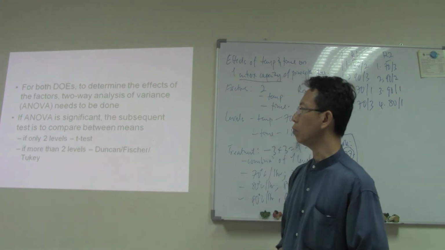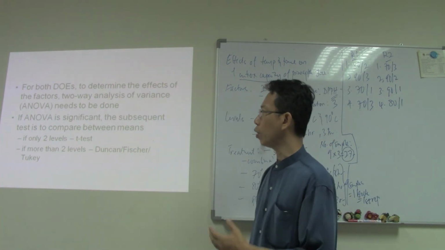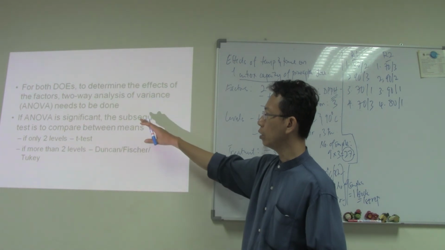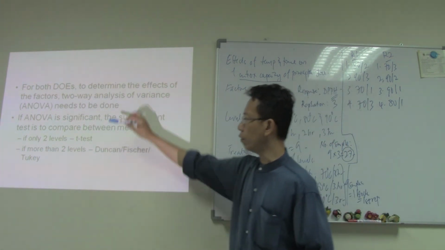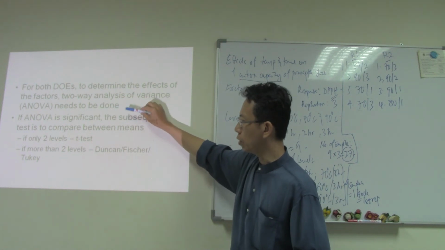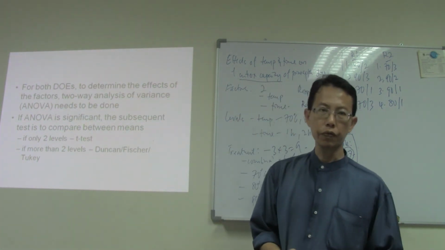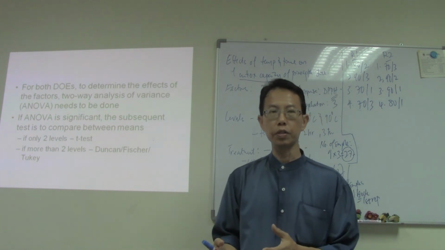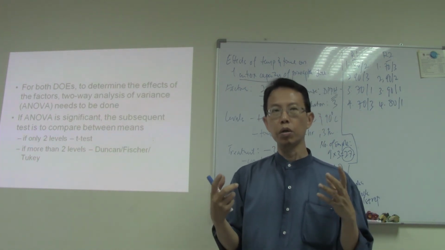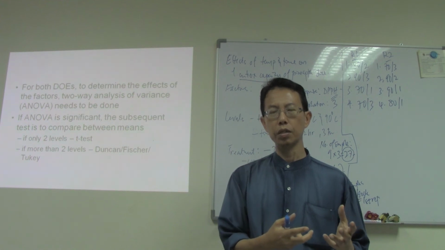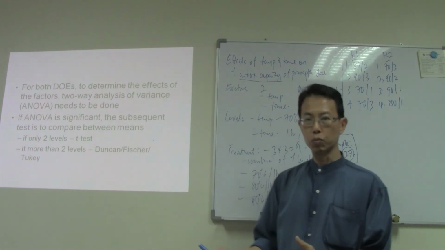However, if it is a more than one factor experiment, then we have the option of using a two-way ANOVA. If you use a one-way ANOVA, it will tell us whether there are significant differences or no significant differences between the means. But ANOVA will not tell us which mean is significantly different from which mean.